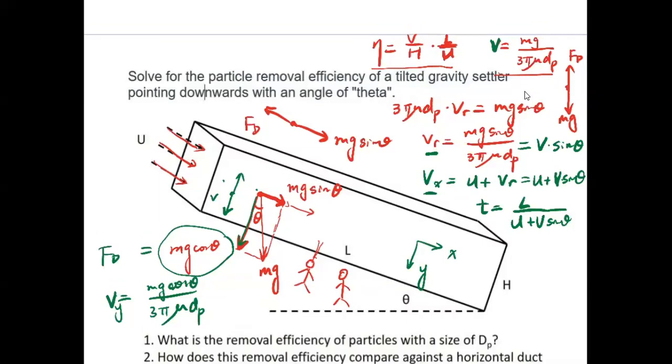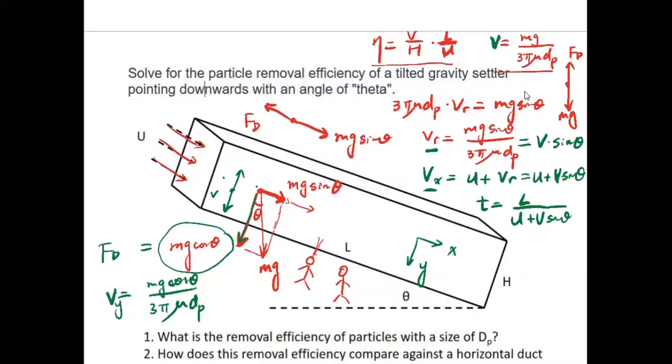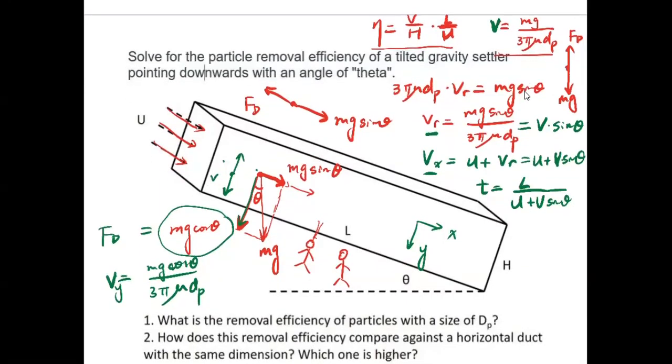Now we have everything to solve this problem. We mentioned that the efficiency is just v multiplied by t divided by h, for any duct. Now we know that the v here is basically the velocity pulling the particle towards the base of the duct.